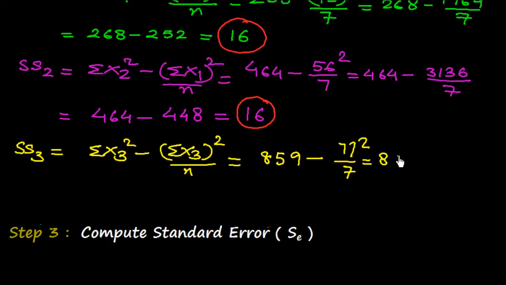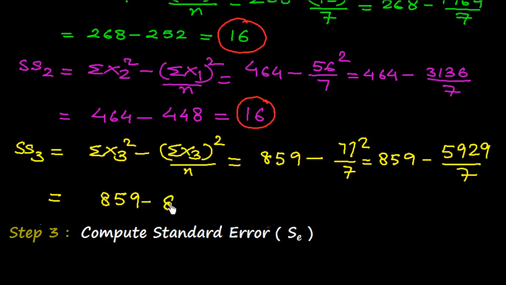The square of 77 is 5929 over 7. Now 859, if we divide 5929 by 7, we get here 847, and finally we get here 12. So we have got all the sums of squares: SS1 is 16, SS2 is 16 and SS3 is 12.